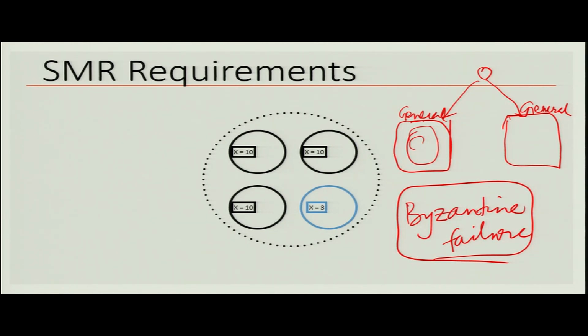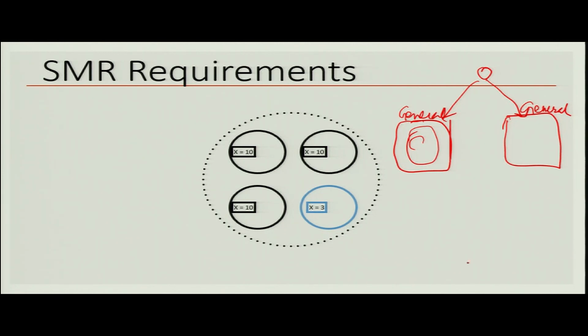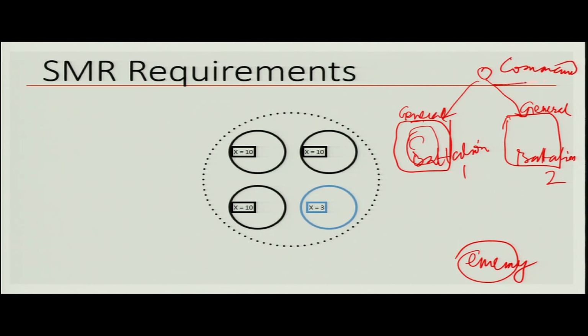So, let us say I have a situation where the enemy is here and you have battalion 1 and battalion 2, and the commander is going to decide based on his strategy, his knowledge of the enemy position and his knowledge of whether one battalion is enough to win over the army or both battalions are needed, and accordingly he will give the command.